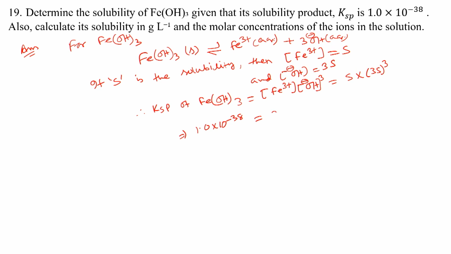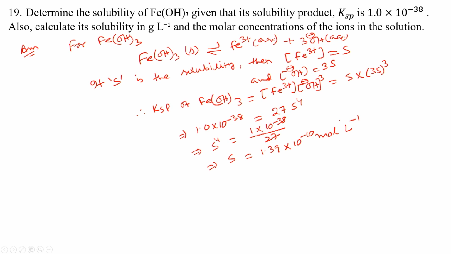So this gives 27 S to the 4. From there we can calculate S. S to the 4 is 1 times 10 to the minus 38 by 27. So we can now calculate the value of S. Solubility is 1.39 times 10 to the minus 10 moles per liter.